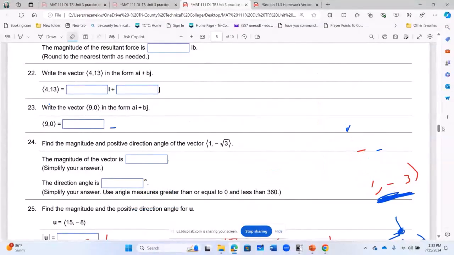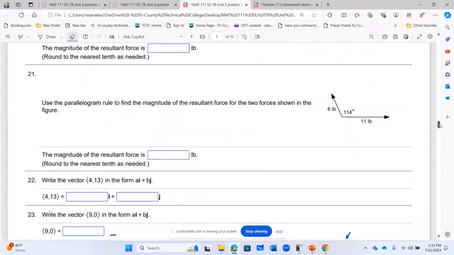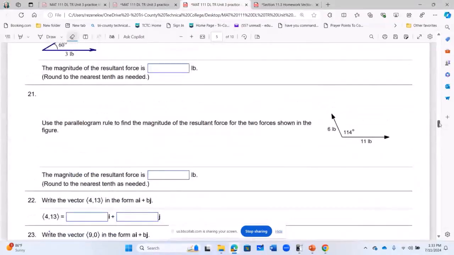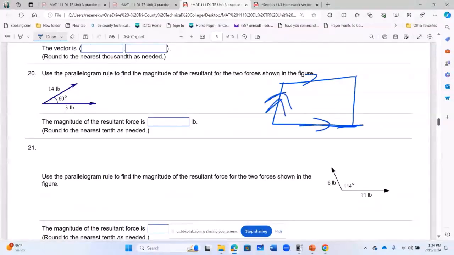Let's draw a parallelogram. Remember when you were in geometry, we looked at the properties of a parallelogram. A parallelogram is a quadrilateral with opposite sides equal and parallel. Forgive my crooked diagram.